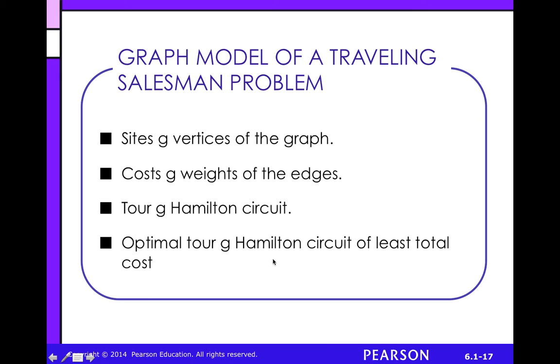So what you're looking for is a Hamilton circuit that minimizes the total overall cost. Just like in Chapter 5 with Euler circuits, usually if there's one Euler circuit, there are a bunch of Euler circuits. The same thing is true with Hamilton circuits. If there's one, there's usually a bunch of them. So your job is to find a Hamilton circuit that's not just any Hamilton circuit. You want to find one that minimizes the overall total cost.